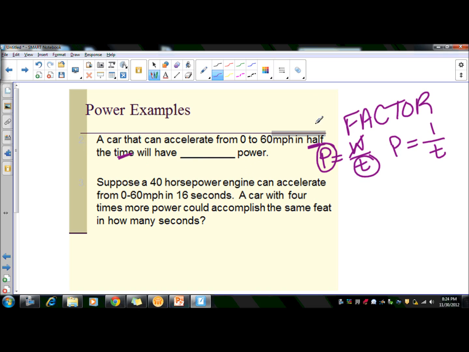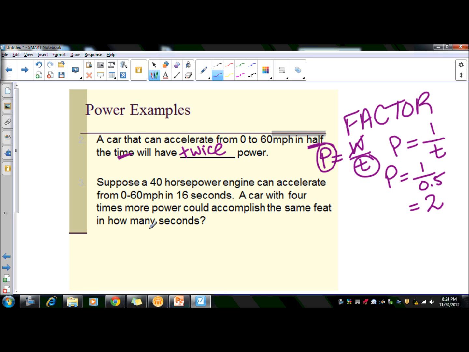So if it's half the time, half is the same as 0.5, and 1 over 0.5 gives you 2. So a car that can accelerate from 0 to 60 in half the time will have twice the power.